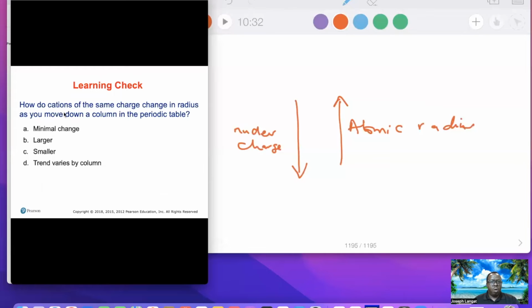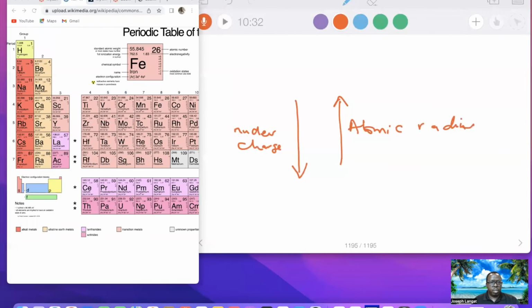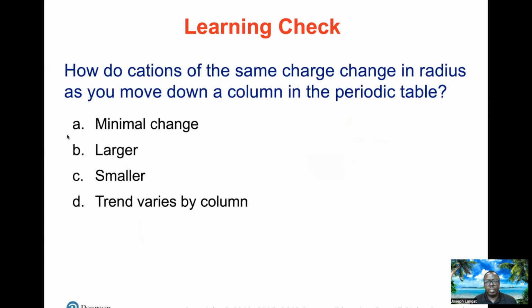Having said that, how do cations of the same charge change in radius as you move down a column in the periodic table?